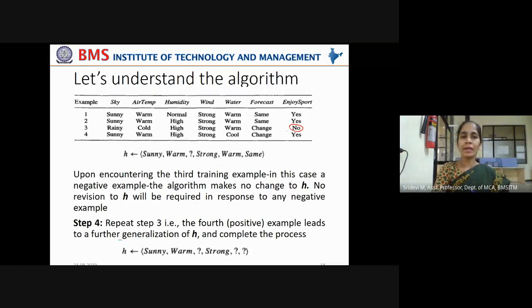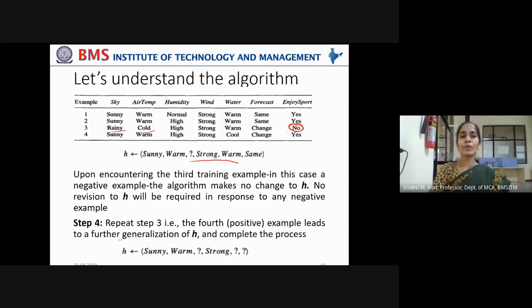Immediately when it comes across rainy, which has not been encountered so far, cold, which has not been encountered so far, and also the outcome label is no, the model is not interested in learning that instance. So do not make any change in the third step. You keep your previous hypothesis as it is.